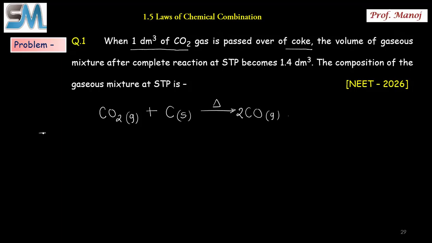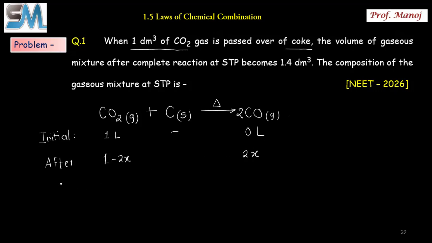So if I consider the initial condition of the reaction, this is 1 liter. Being solid, volume is not measured. And this is 0 liter. So, after the reaction, what you will get? From here, 2x molecules are produced, suppose. So this will be 1 minus 2x. This is after the reaction has taken place.